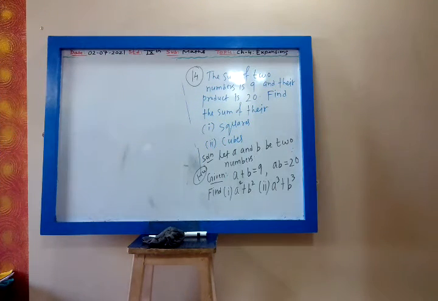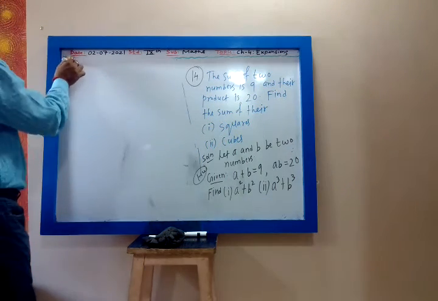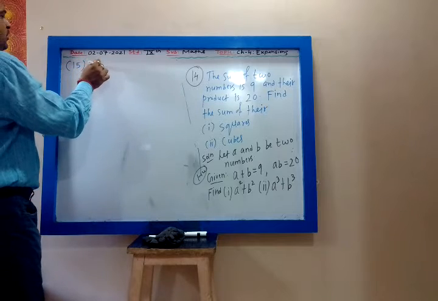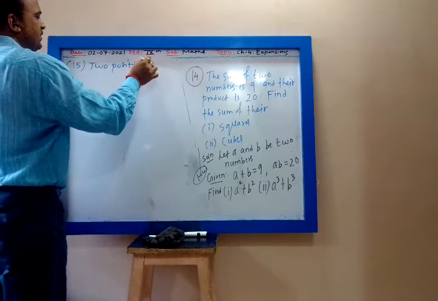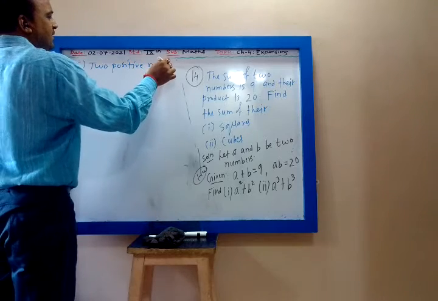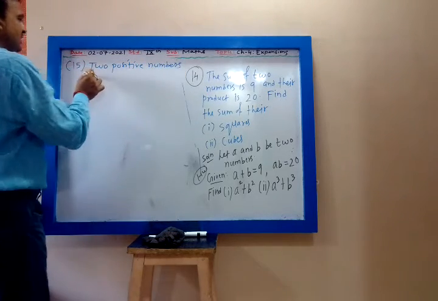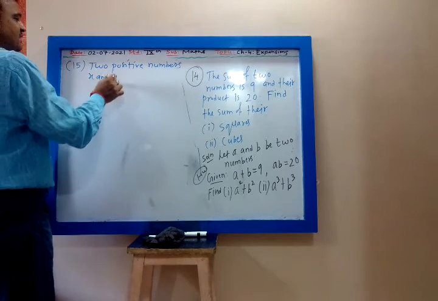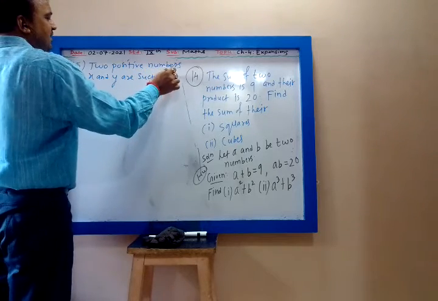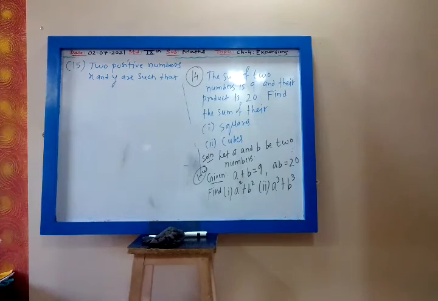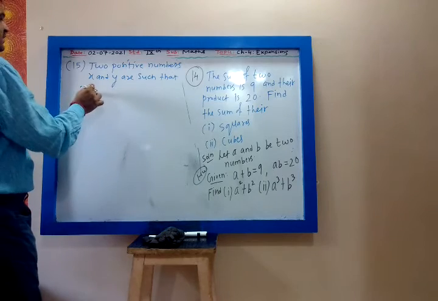Now, 15th: two positive numbers x and y are such that x is greater than y.